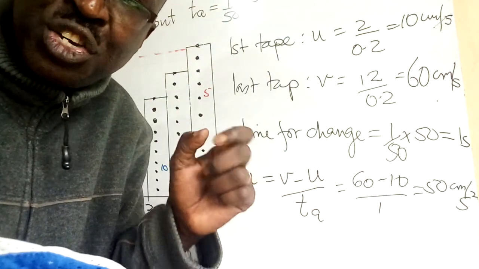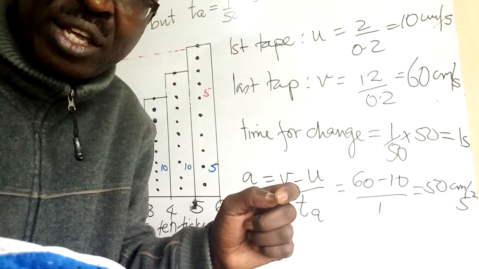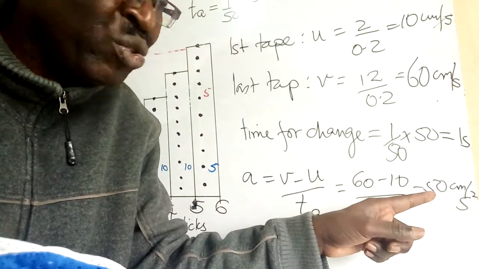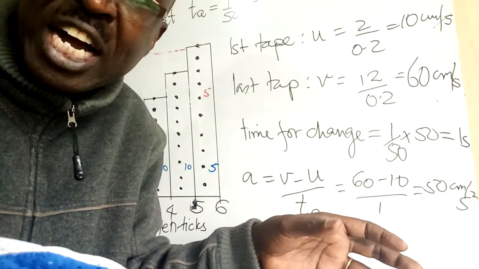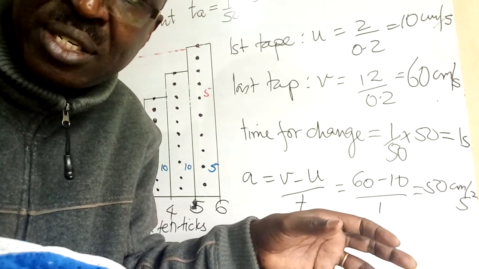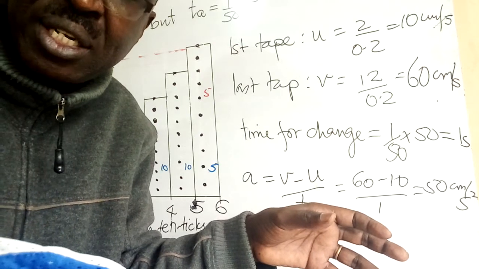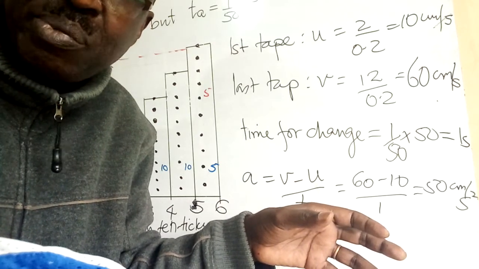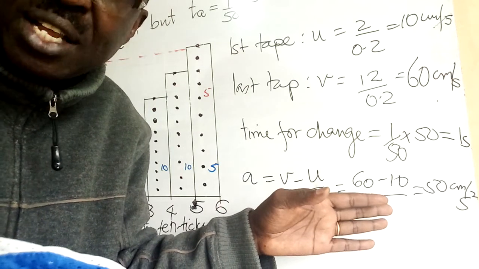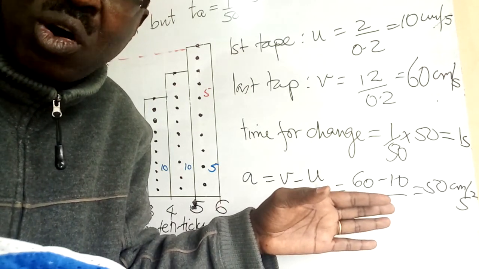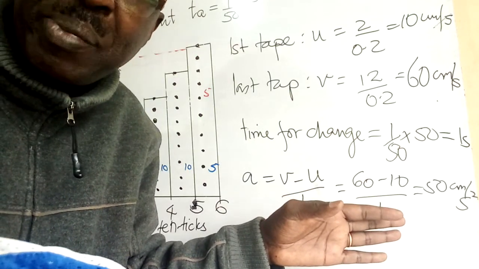If he asks you to give your answer in SI unit, you just convert 50 centimeter into meters. That is, you divide by 100 and you will get the answer 0.5 meter per square second.